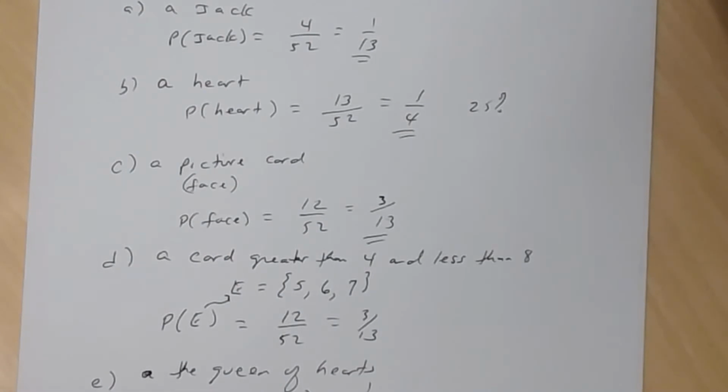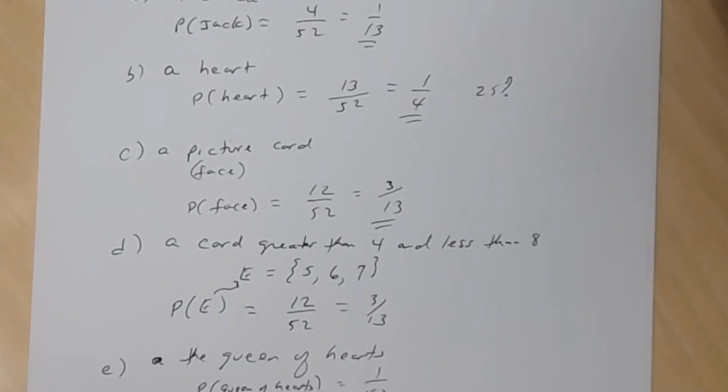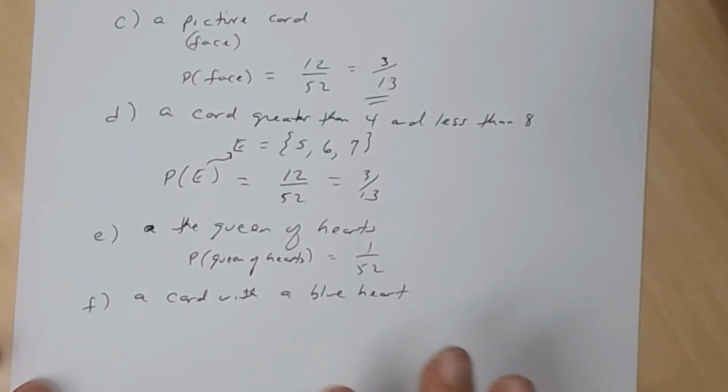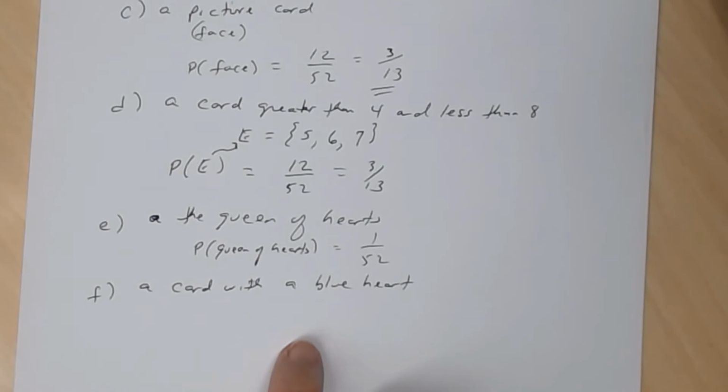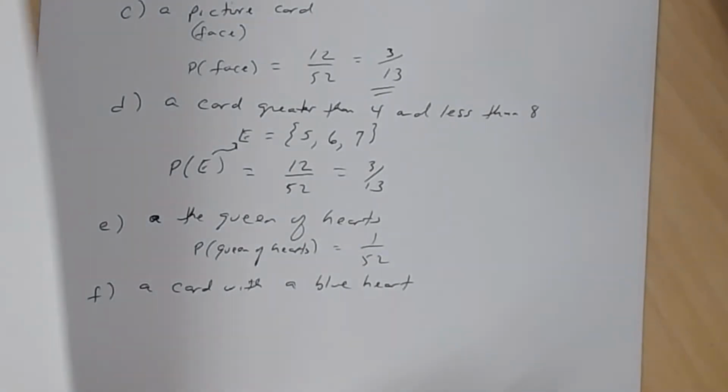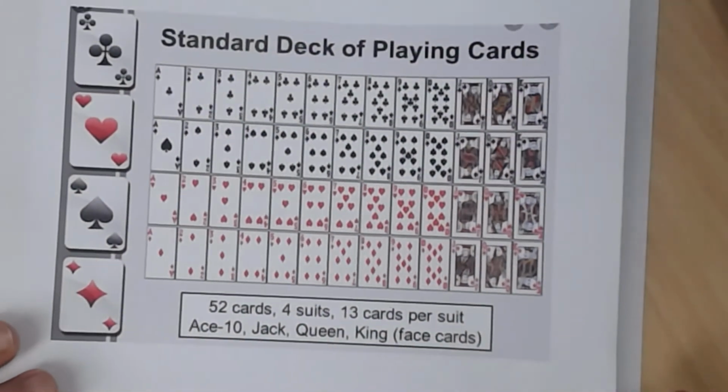F. Suppose you want to find the probability of being dealt a card with a blue heart. Let's look at your colors.